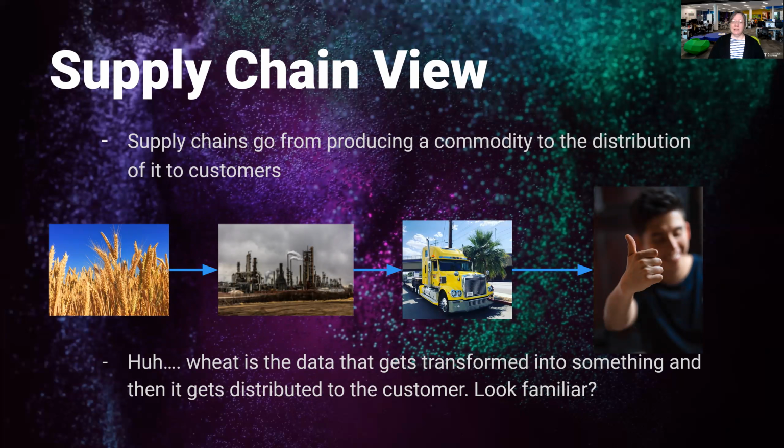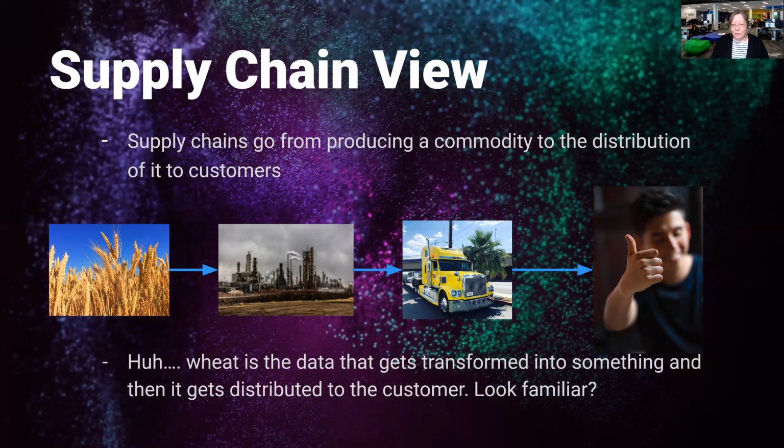So supply chains are basically, you start out from the raw commodity and then you go all the way to the distribution. So in this particular example, wheat is the data that gets transformed into something like bread, for instance, and then it gets distributed to customers.